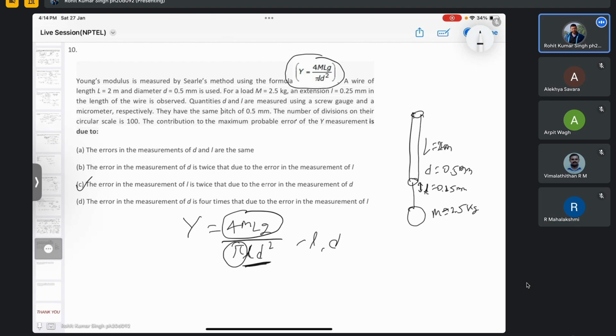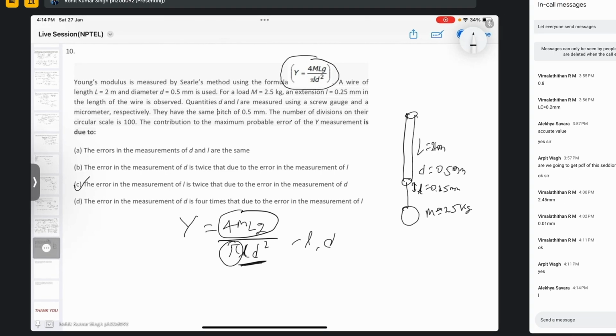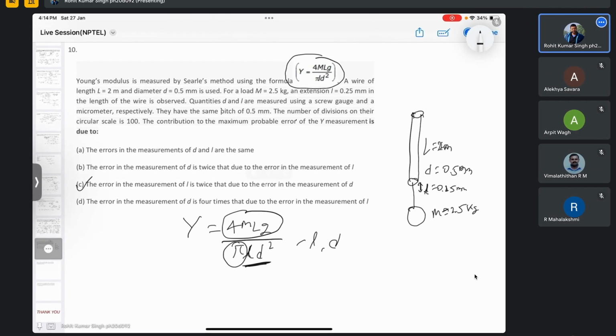Anyone else has any opinion? If we write the percentage error in Y, it will have a term. So because this is D square, it will have 2 delta D by D, right?